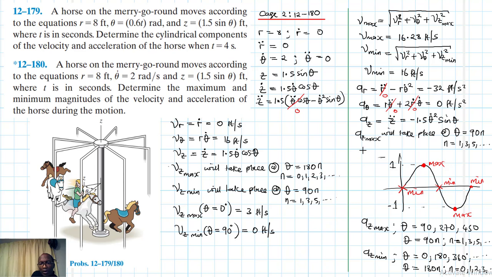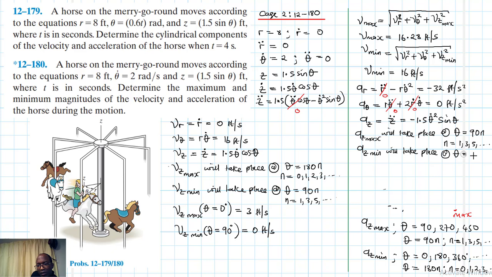Okay, and then we have, let me just rub this. Then we have AZ minimum will take place at theta equal to 180n, where n is equal to 0, 1, 2, 3, in that manner.